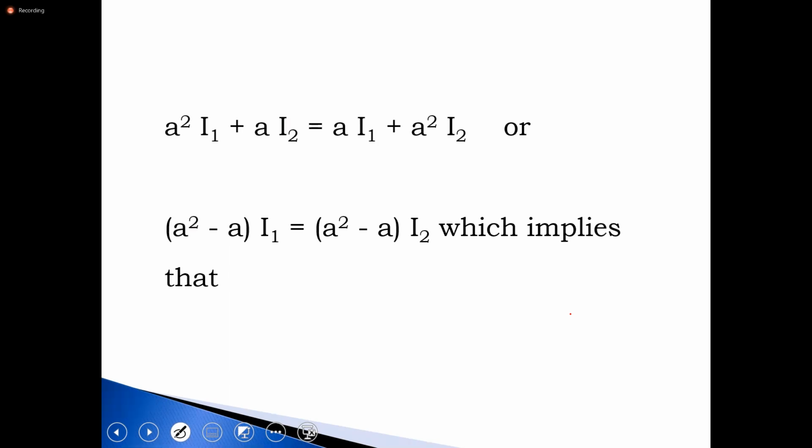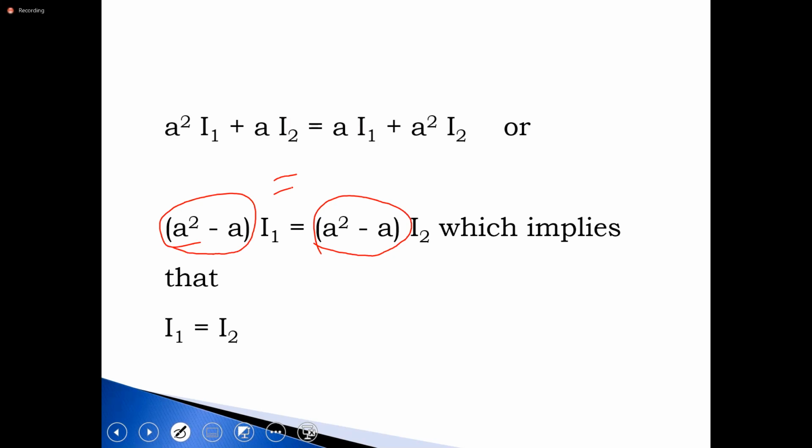Now, regardless of what this works out to be, we're not interested in that right now. But what we know is that A squared minus A must be equal to A squared minus A. So they are equal. And by that token, it means that I1 is equal to I2. All right.